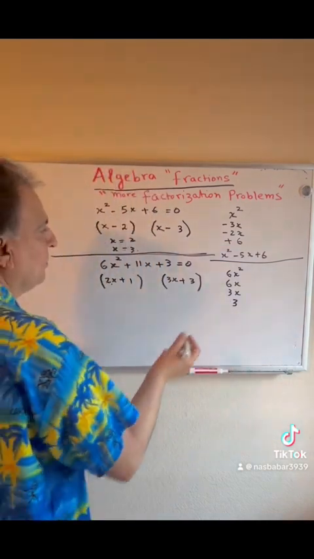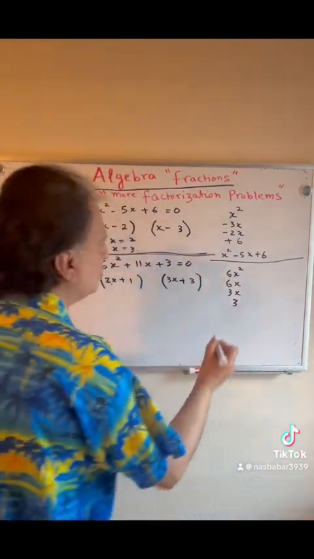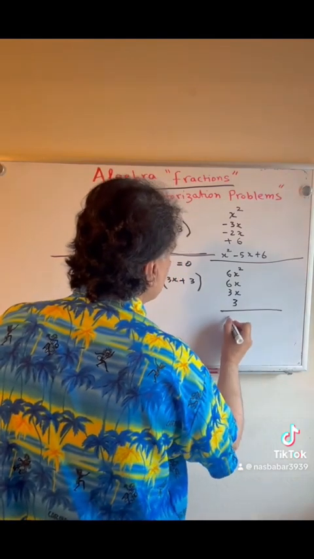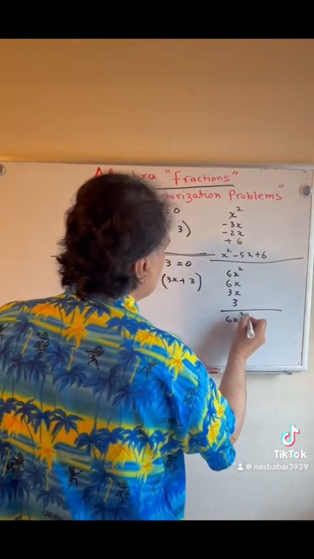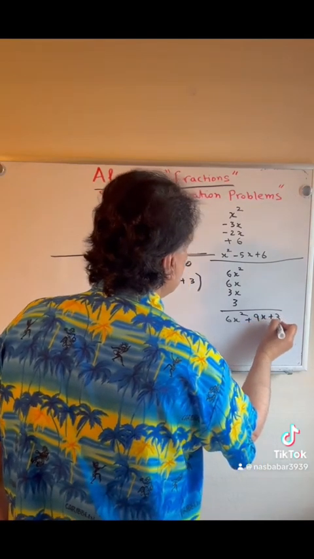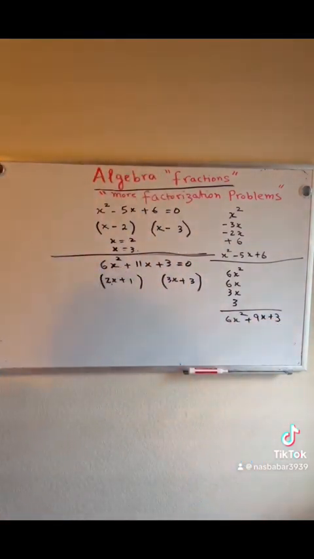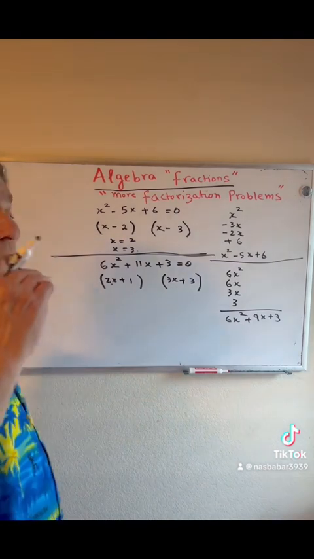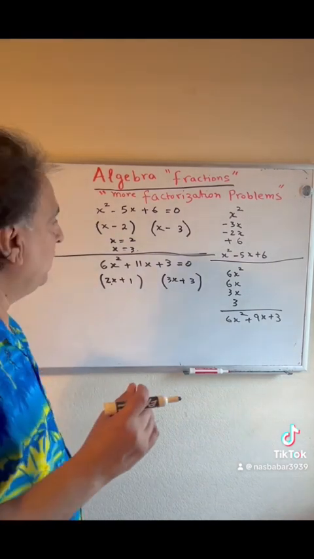Well, that doesn't seem like the right solution, because I have 6x squared, 6 plus 3 is 9x, and plus 3, but I have 11x over here. So how do I fix it? That's a problem, so it's always a good idea to check your problem after you solve it.